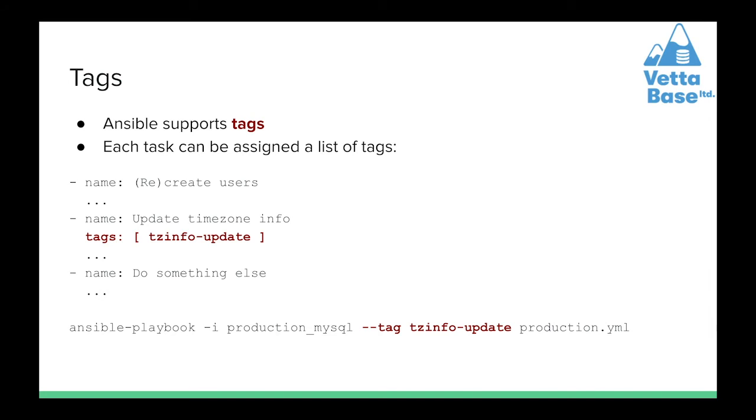And we have this tag tzinfo-update. Why is it useful? Because you can see the example command that we can use to apply not the whole role, but just the specific tasks with this tag. Okay, so basically we can run a command to only update the time zone info.